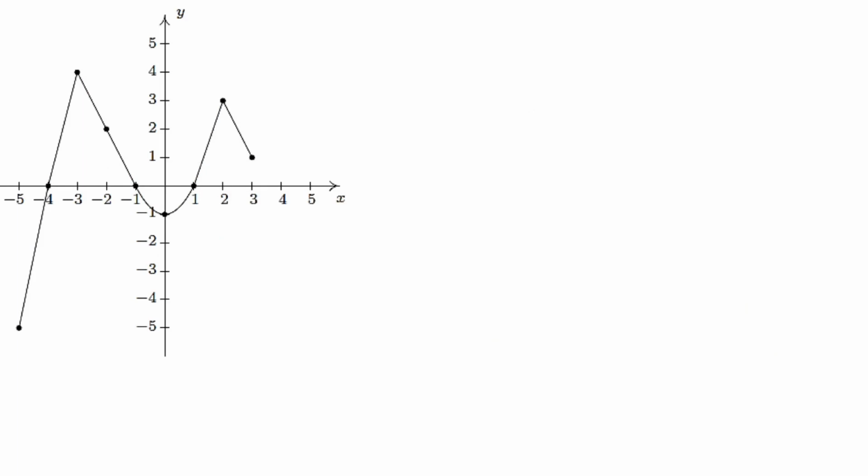So let's highlight the parts of the graph that are negative, that drop below the x-axis. So here and here. All right, so f of x is less than 0 over the interval -5 to 4.